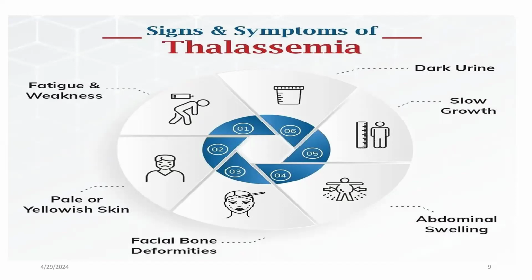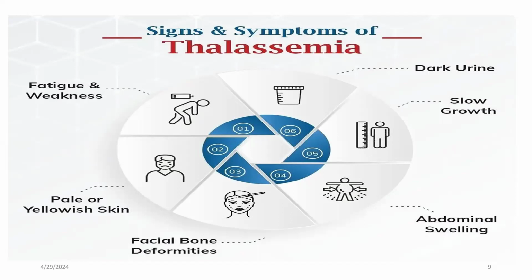Then we have pale or yellow skin. It is also because of the breaking down of the RBCs. As we know, they break down into heme and globin, and then there is release of bilirubin, which leads to pale yellow skin. There is facial deformity, especially frontal bossing of the forehead, but primarily fatigue, weakness, and dark urine.